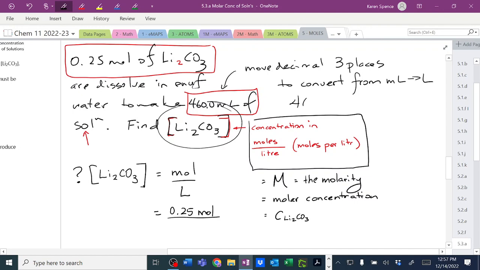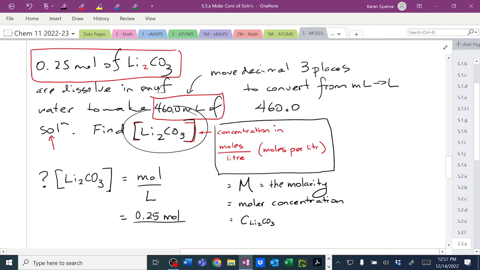So if we have 460.0, we're going to take our decimal and move it 1, 2, 3 places. So now we have 0.460.